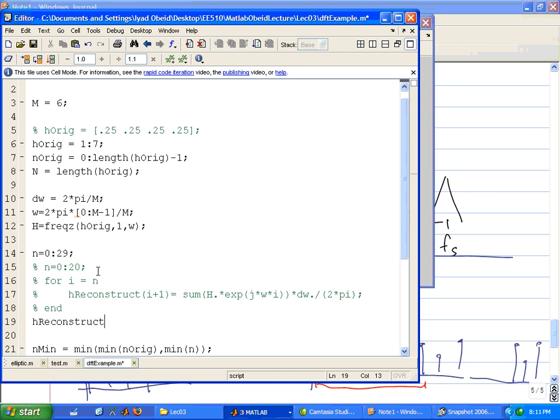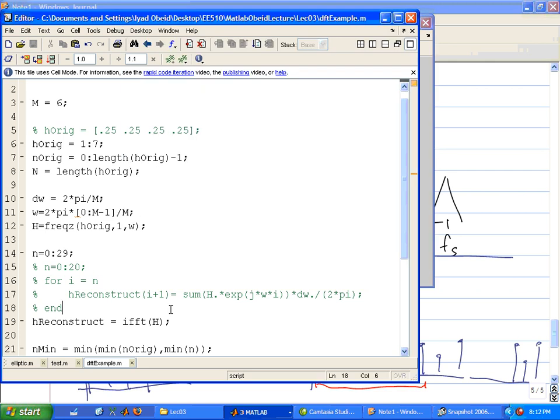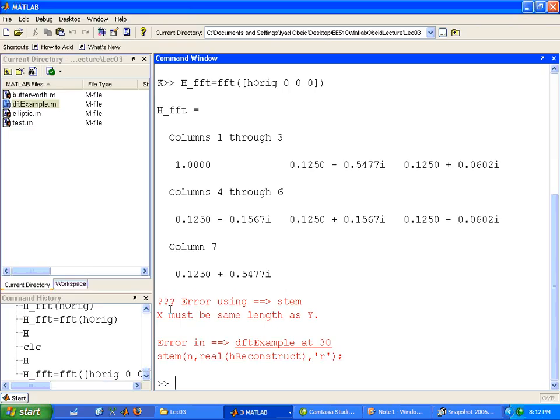R reconstruct equals IFFT of H. All right, bad things usually happen to me when I go off the menu. See? Well, let's see if we can figure this out real quick.